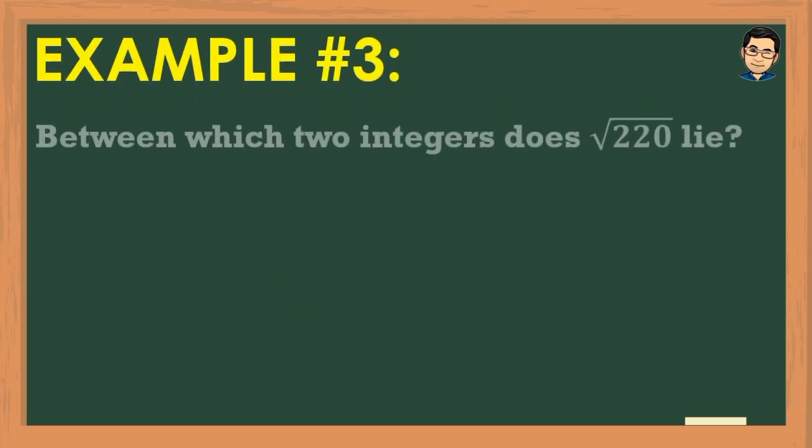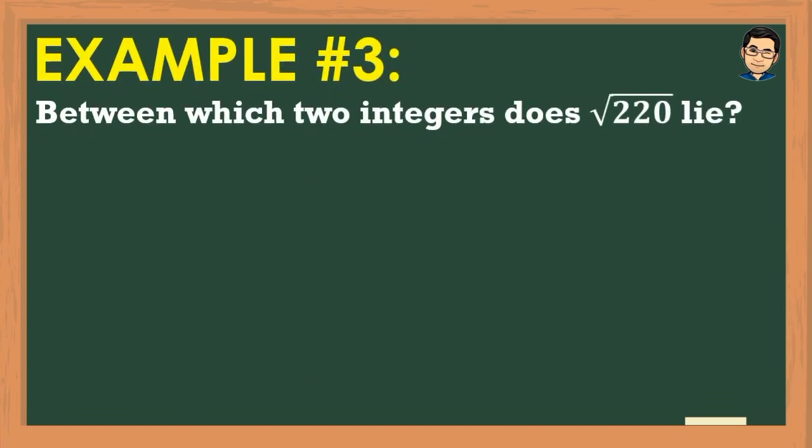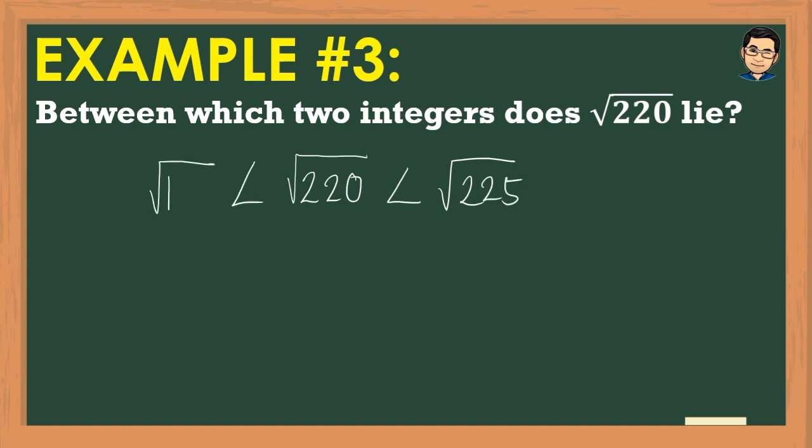Number 3, between which two integers does square root of 220 lie? Okay, so pataas ng pataas yung mga numbers. So, nakapaloob po yung 220 sa perfect squares na 196 and 225. So, sulat lang natin, square root of 220 is less than the square root of 225, but greater than the square root of 196.